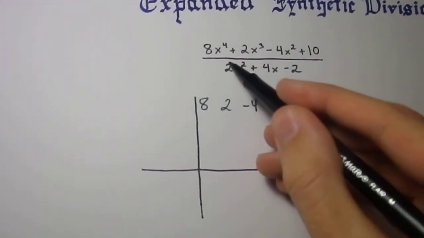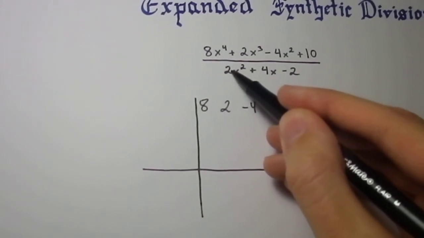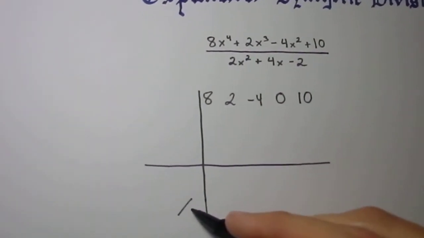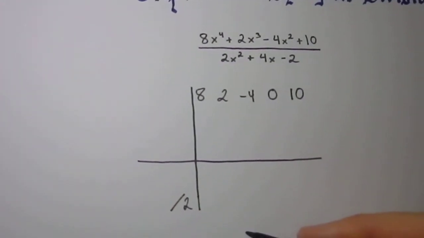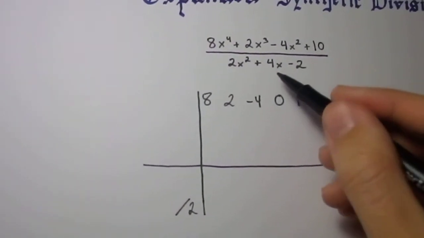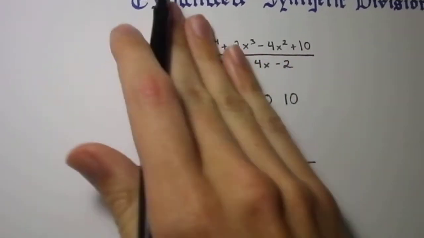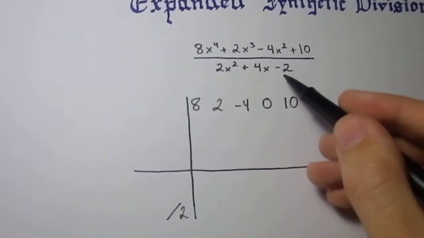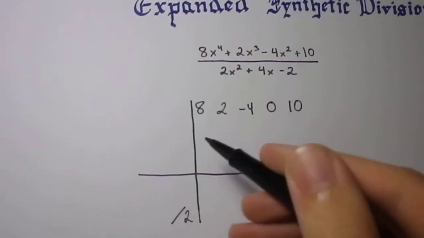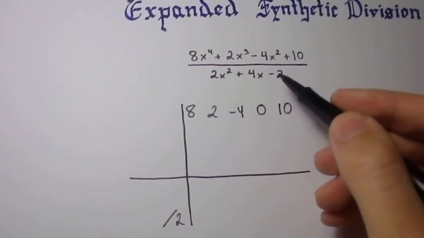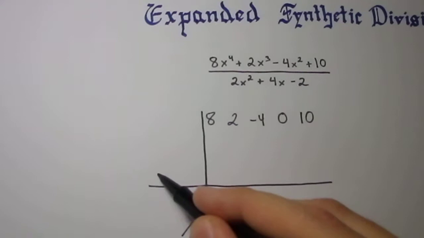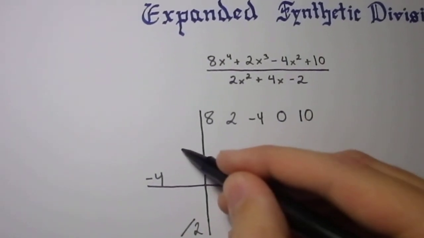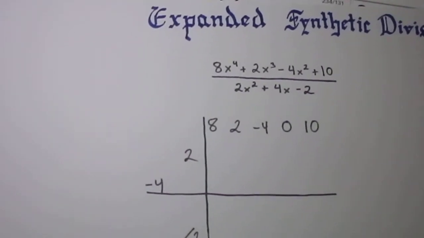So you take the first 2 right here, or whatever this coefficient is, and you put /2, and I'll get to that in a couple of moments. And then what you want to do is take all the rest of the terms, 4x minus 2, negate them like you would in synthetic division that you're familiar with, and put minus 4 right here and 2 right here.